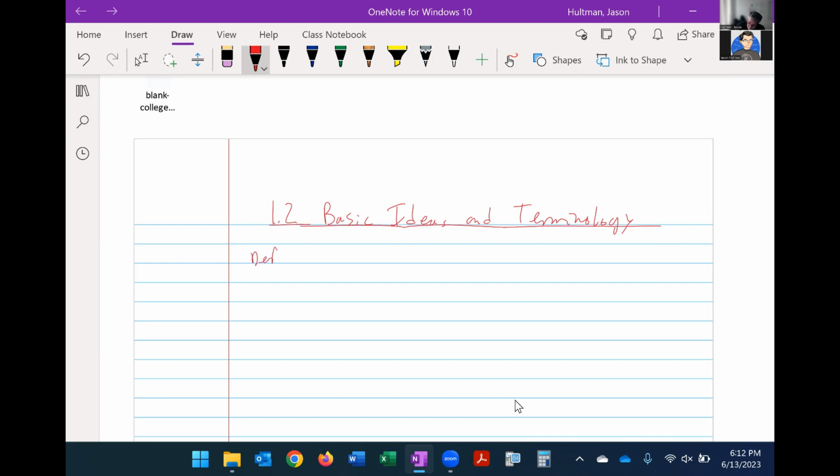Definition: a differential equation that can be written in the form a sub 0 of x times y to the nth derivative, plus a1 of x times the (n minus 1)th derivative.